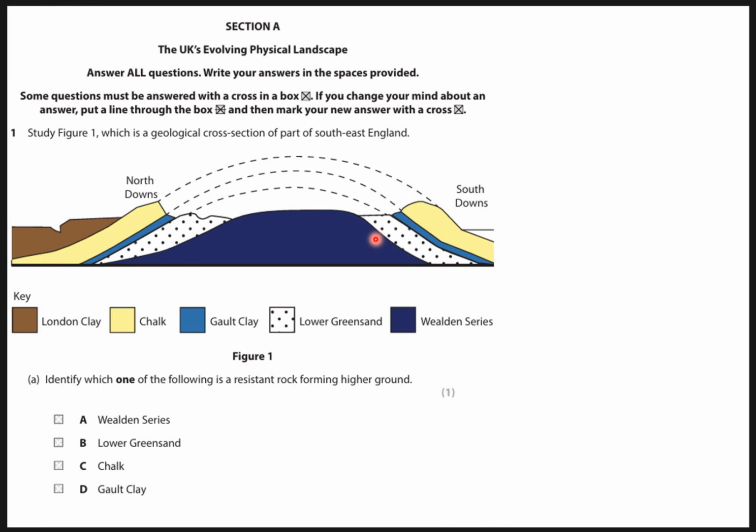Next, we can use the key to identify the rock type. The yellow is the chalk. This makes sense geographically. We know chalk is a relatively resistant sedimentary rock, and over millions of years the softer rocks around it have been eroded more quickly, leaving the chalk standing as higher land. So the correct answer is chalk.